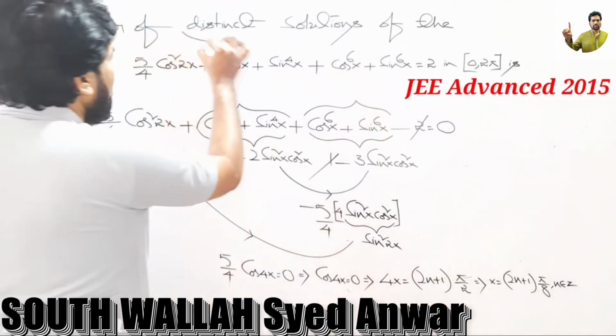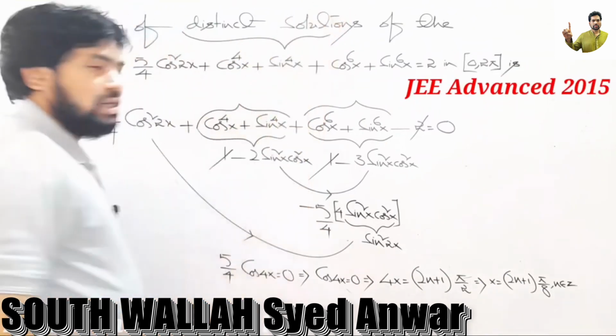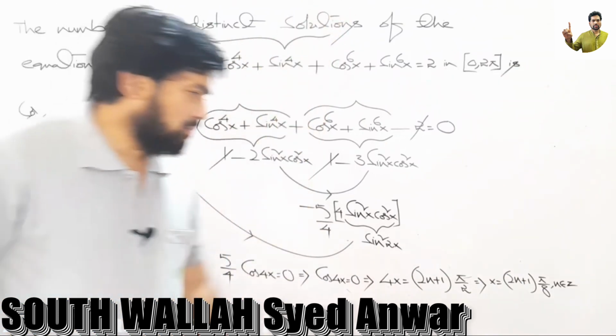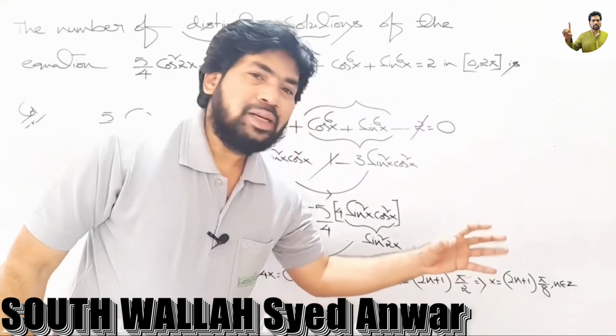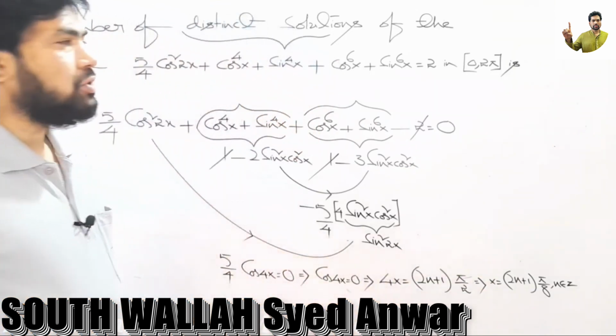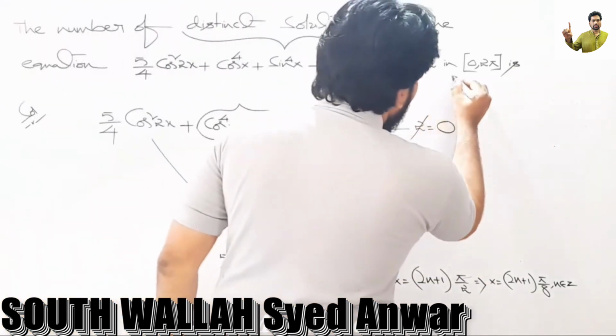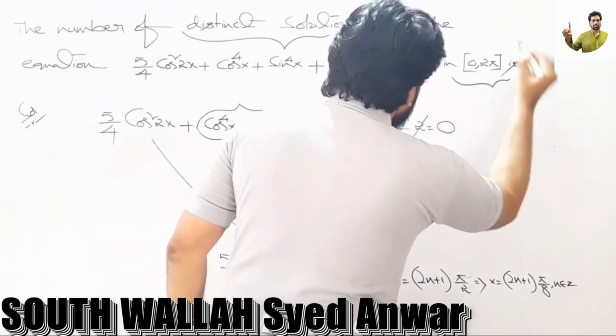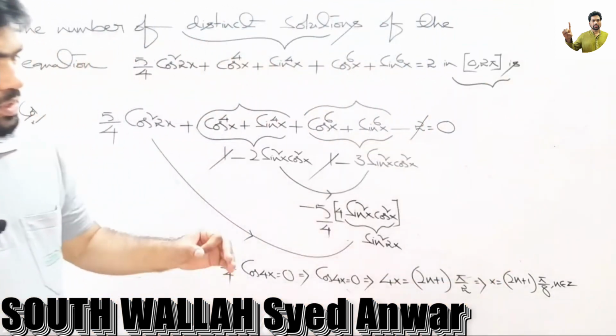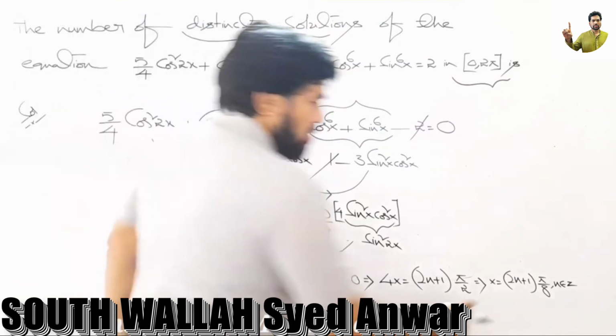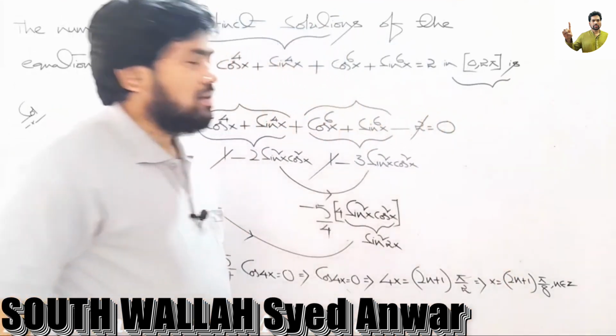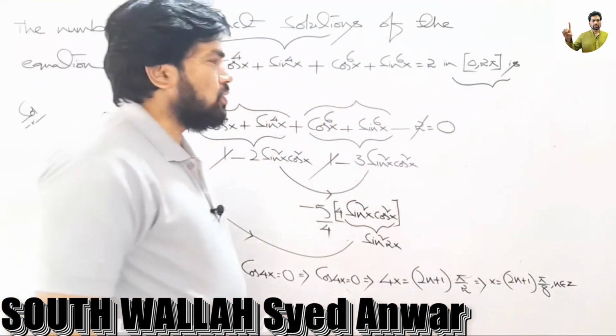Here, distinct solutions we have been asked to find. Next, in place of n, I would like to give different values, but I have to concentrate on the interval also here. So first, in place of n, I am putting n = 0.